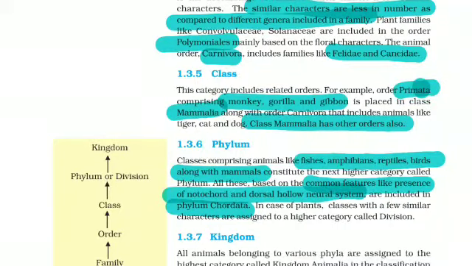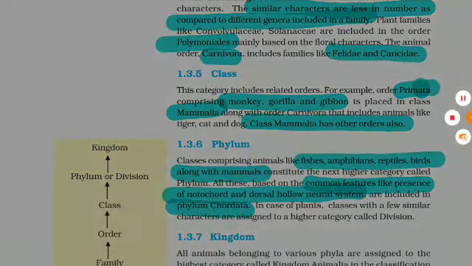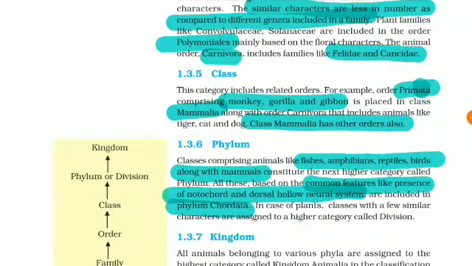In case of plants, you take it as a division. If you take an example of plants for a division, there are monocots and dicots, which are under the class Angiospermae.